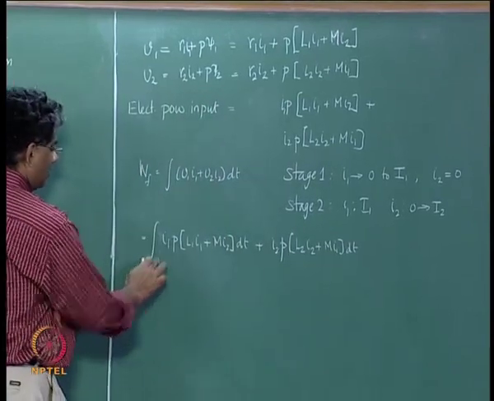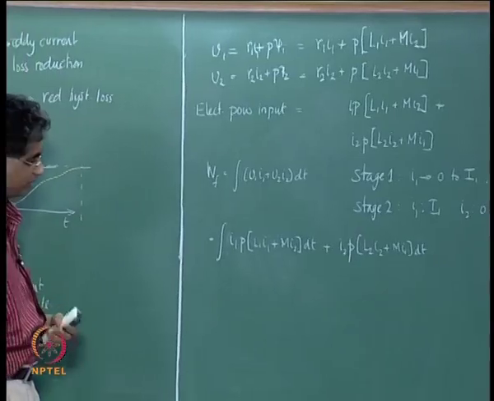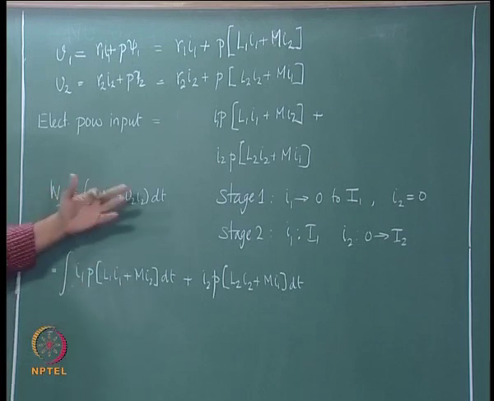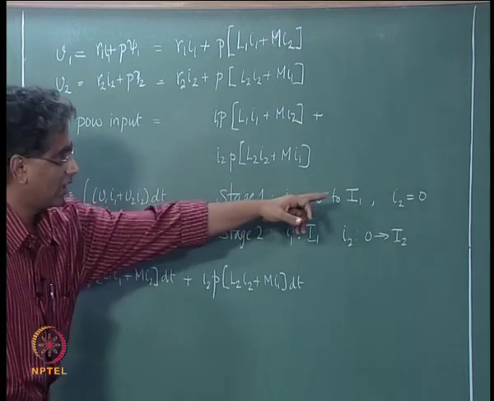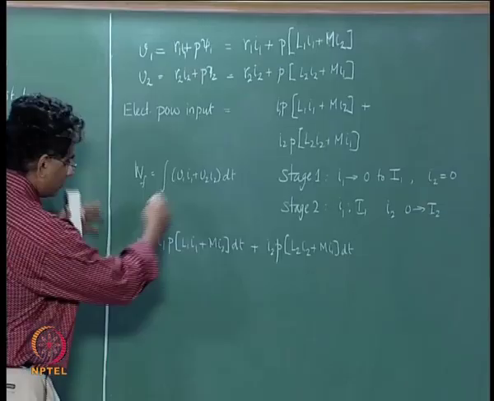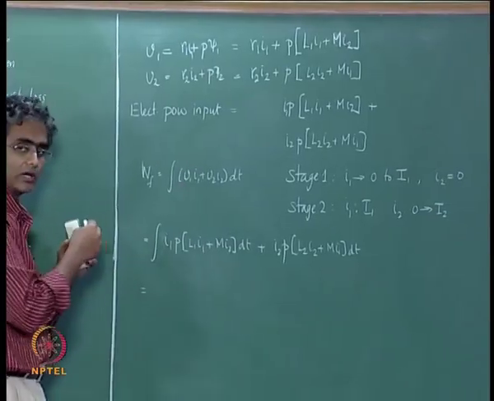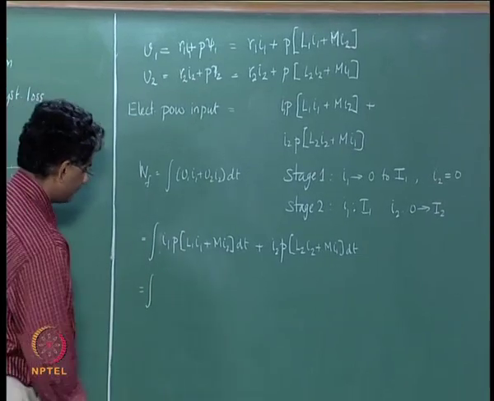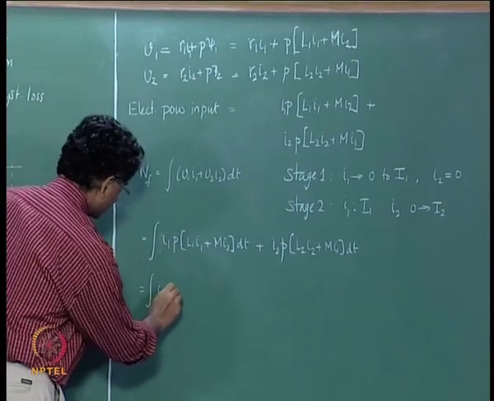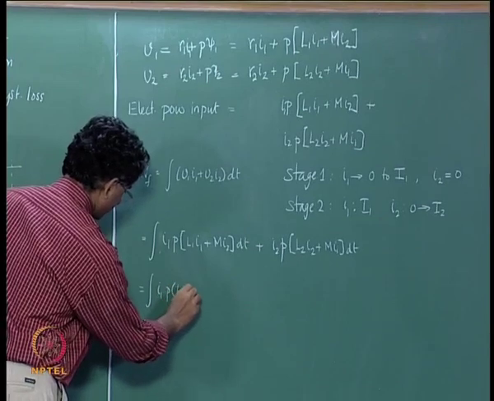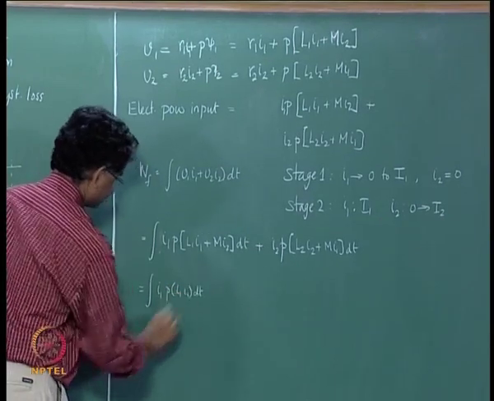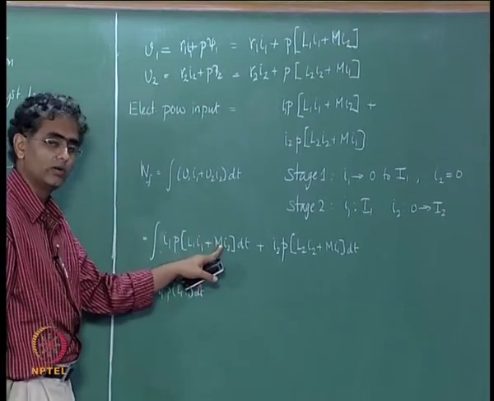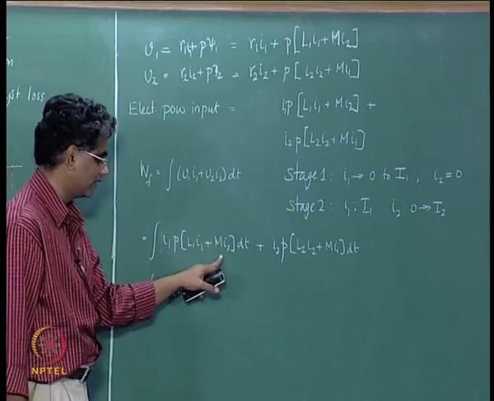This is the integral that we have to do. Now this is therefore split into two stages. In the first stage I2 is held 0, so in the entire expression you put I2 equal to 0 and then this integral reduces to I1 times P of L1 I1 dt, and then this next term is M I2, but I2 equal to 0, so this term does not give anything.